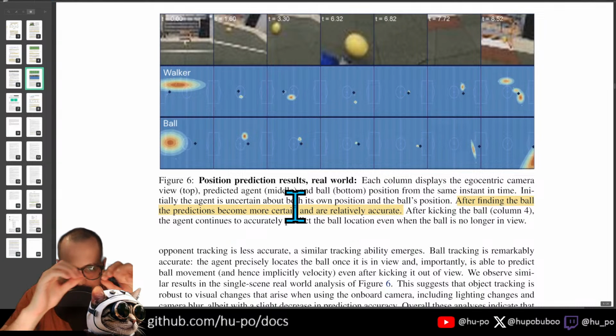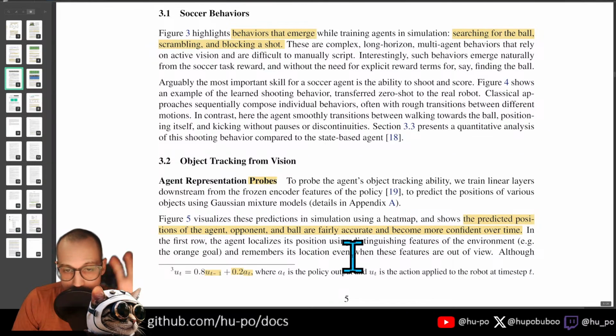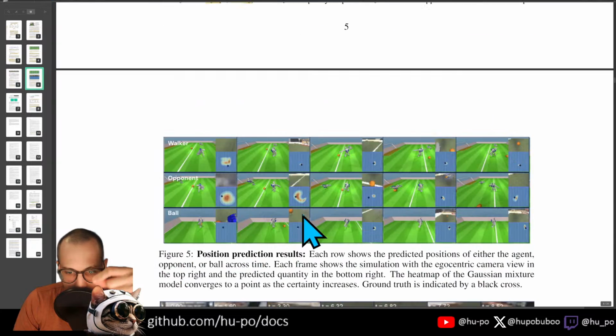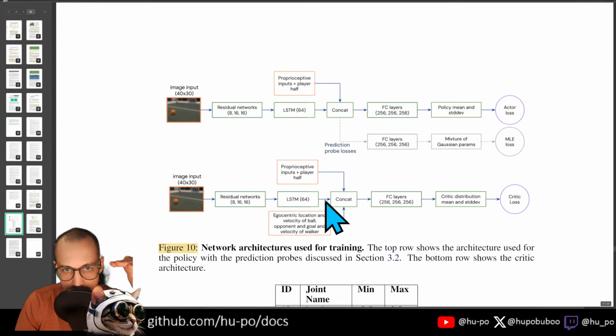So in this case, what they're going to be probing is the representation of the encoded features, the ability to get the position of the ball from that. So is the position of the ball inside the feature vector that comes out of your model? Is that information in there?